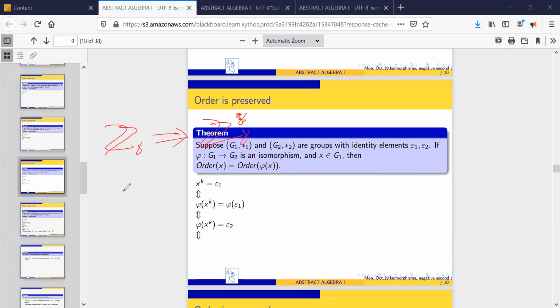What would that map be? I think there's a few, but you can specify it by how you map a single element, and that'll tell you.